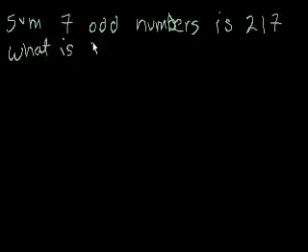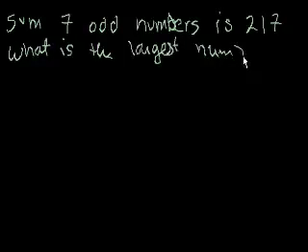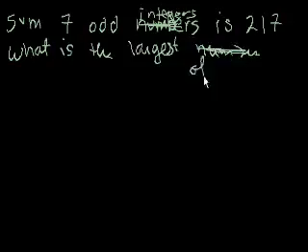What is the largest number? Oh, and I shouldn't say number. 7 odd integers. It actually becomes a much harder problem if it was just 7 odd. Well, actually, the only things that could be odd are integers anyway, so you can almost assume it. But the sum of 7 odd integers is 217. What is the largest of the integers? As you can tell, I'm doing this on the fly.